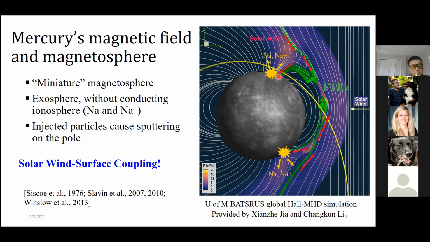So this coupling is quite different from the solar wind ionosphere or atmosphere coupling. What we call is solar wind surface coupling.